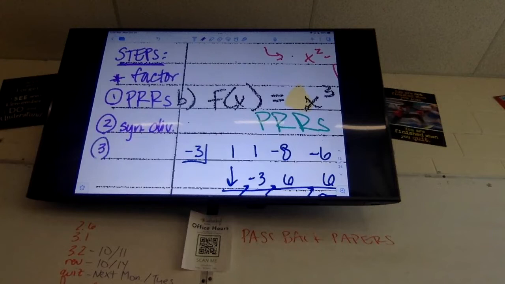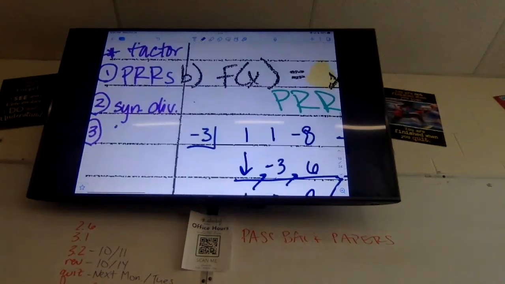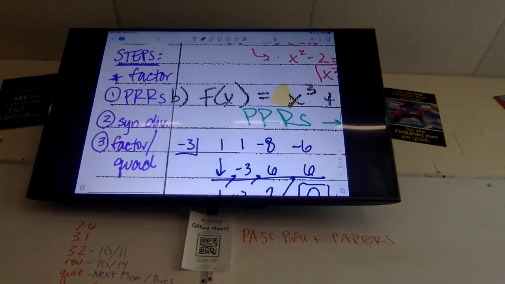But often, and we're going to find this on the next one, and what we just did, once we did our synthetic division, we were down to a quadratic and we were able to do quadratic formula, or we even asked ourselves if we could factor that. So then we're going to see if we can factor or use quad formula to see if we could solve from there. So these are the steps that we did that we're thinking through.